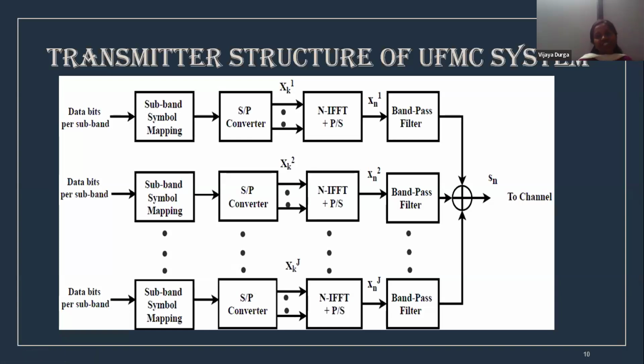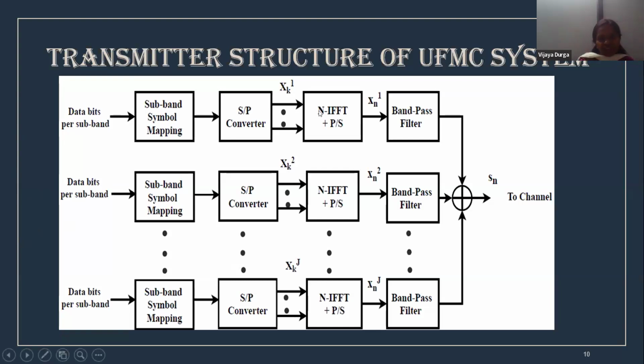Then this is the transmitter structure of the UFMC system. I have already explained that the total data is divided into subbands. After that, we implement mapping. That means you can use modulation techniques, because it's a digital technology, so you can use either phase shift keying or quadrature amplitude modulation. You can use any modulation technique.